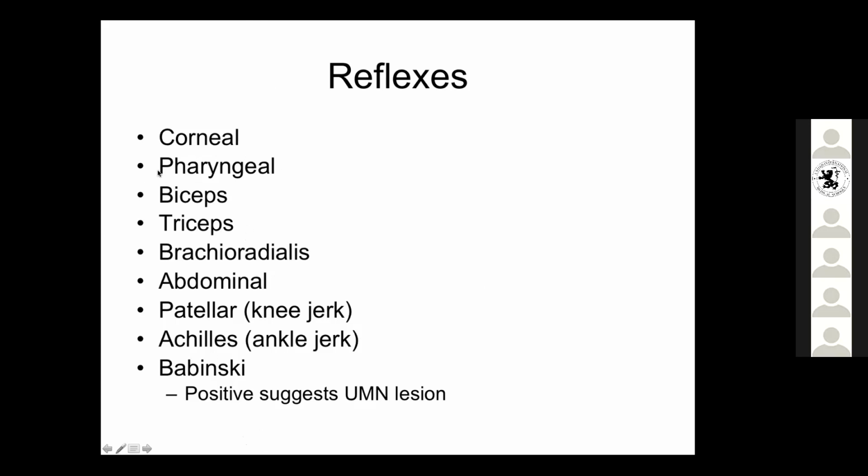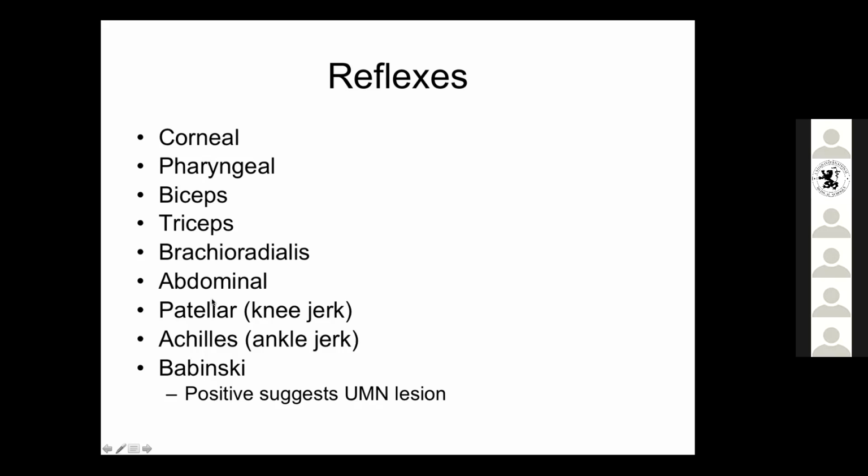In the corneal reflex, you place a cotton swab on the cornea of the patient, and the patient should blink. It serves as a protective reflex. For the pharyngeal reflex, ask them to open their mouth and say ah, and you look for the movement of the uvula. The biceps and triceps reflexes test for upper motor neuron function, and the brachioradialis is the same.